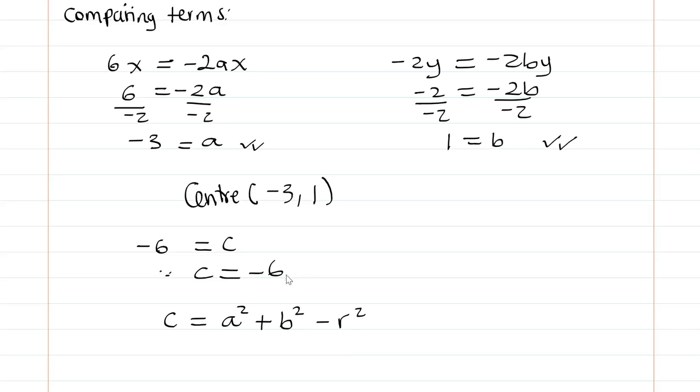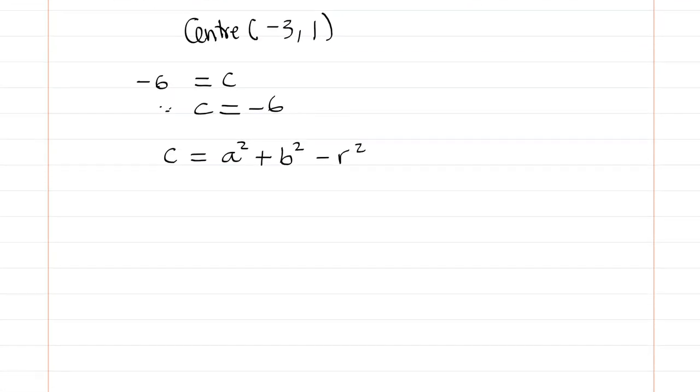Now we have our C is negative 6, substitute for C. And we have our center A and B, so we can substitute and we get our R. So from here, our C is negative 6 equals to, our A is negative 3, but the expression says squared, plus our B is 1, expression says squared, minus R squared.